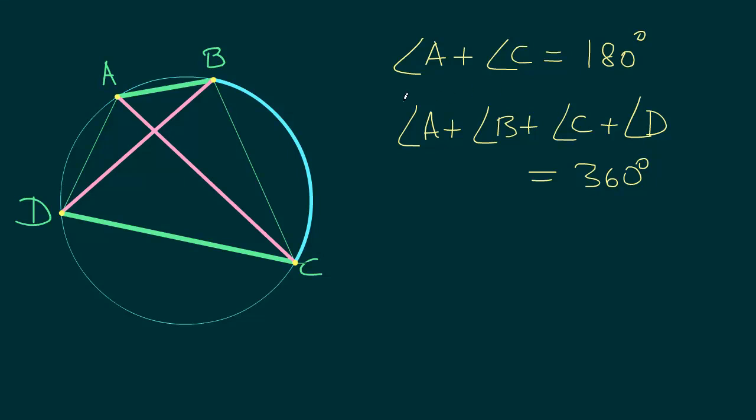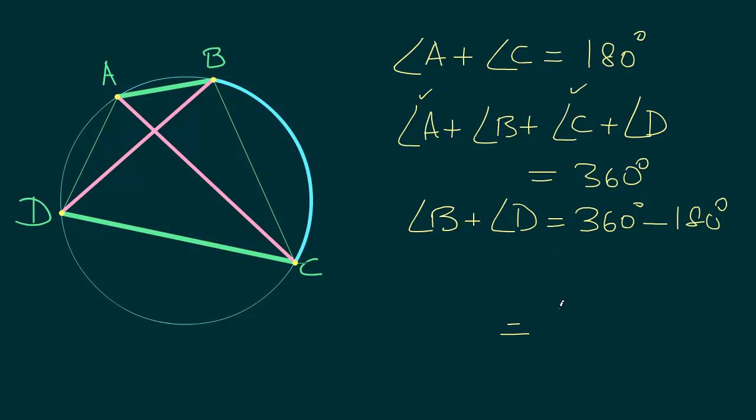So if we have angle A plus angle C as 180, then we have angle B plus angle D equal to 360 minus 180 degrees, or simply this will also be equal to 180 degrees. So we have proved that the sum of opposite pair of angles of a cyclic quadrilateral is always 180 degrees.